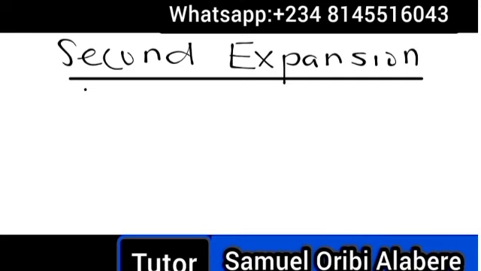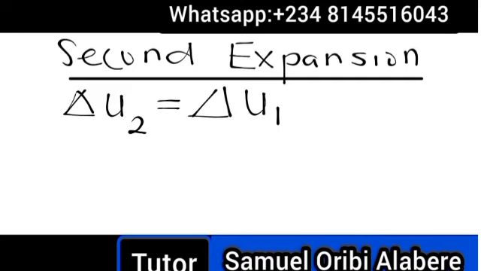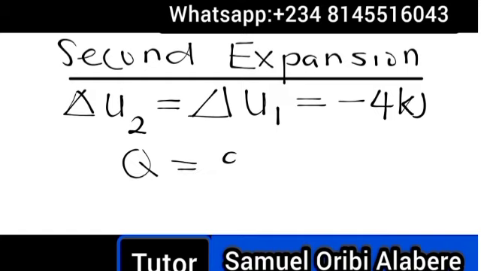That is to say that delta U subscript 2 will definitely be equal to delta U subscript 1, which will then give us negative 4 kilojoules. But now our quantity of heat transfer is equal to 9 kilojoules.